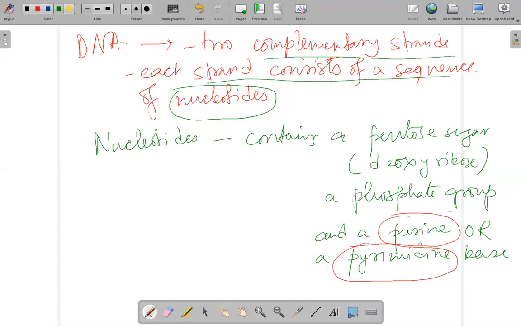So it contains a pentose sugar, a phosphate group, and a purine or a pyrimidine base.